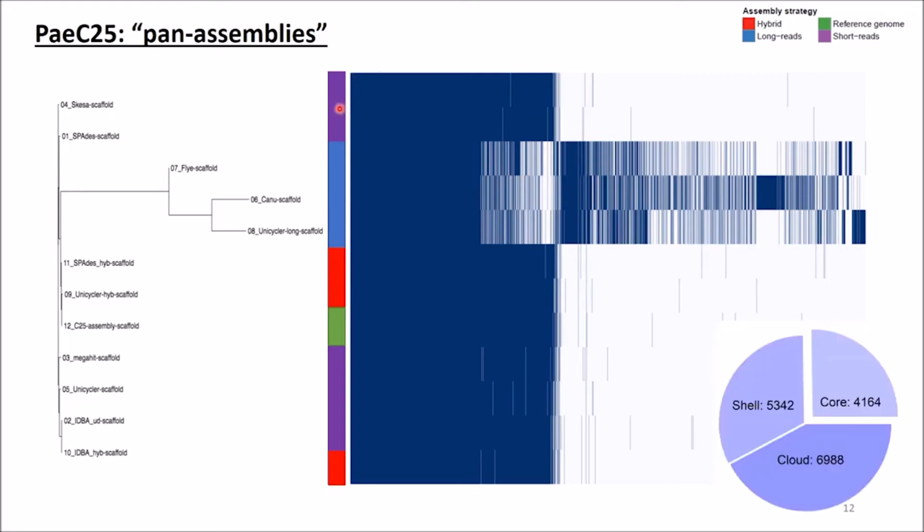In total, for all the assemblies, we found more than 4,000 genes. The core genes are all the genes that were identified for all the assemblers. And this variation for long reads-only approaches is explained by the gene splitting that we identified previously.